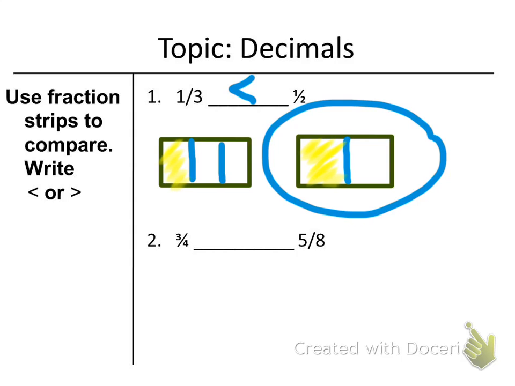That would be the correct answer. Another way to do this would be to change the fraction to a decimal. For the second one, I'm going to change it to a decimal, and I'm also going to show you the fraction bars. We're going to change 3/4 to a decimal, and then we're going to change 5/8 to a decimal. That's 0.625.